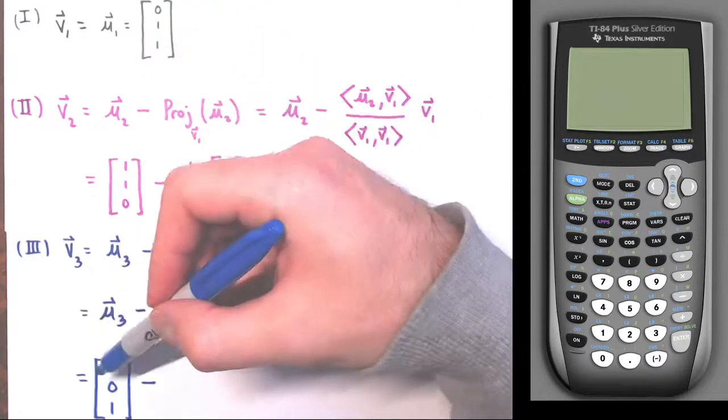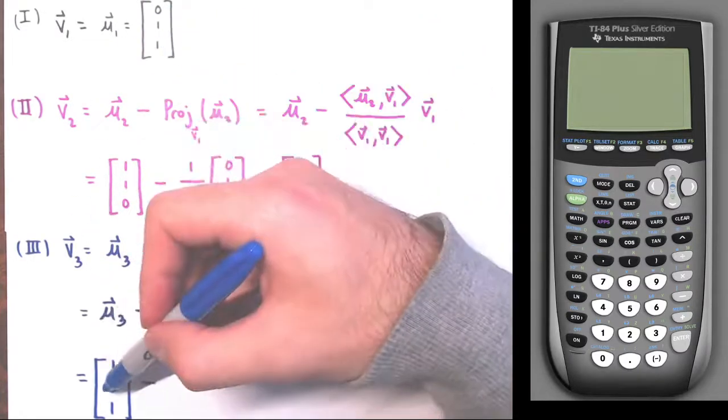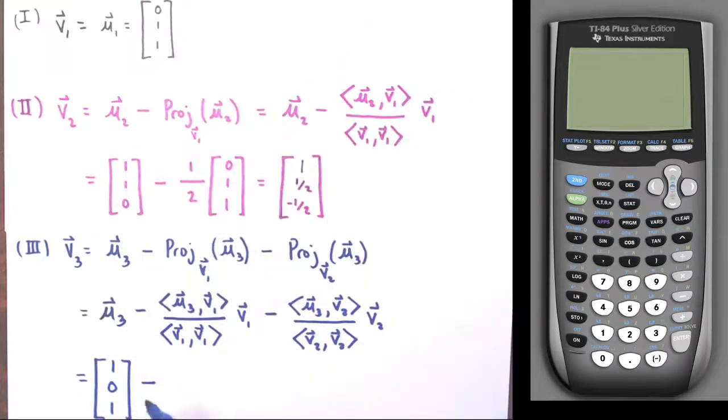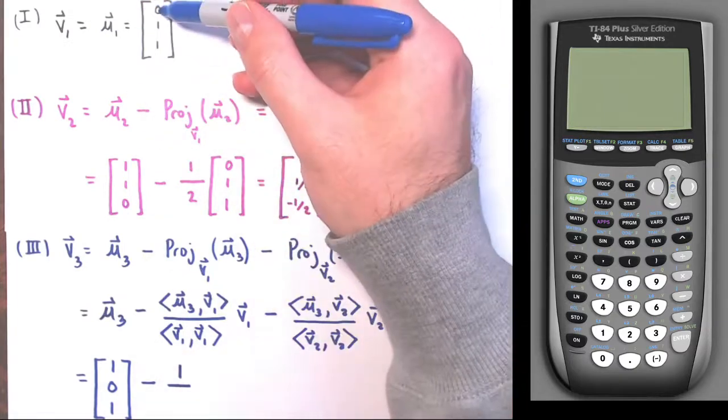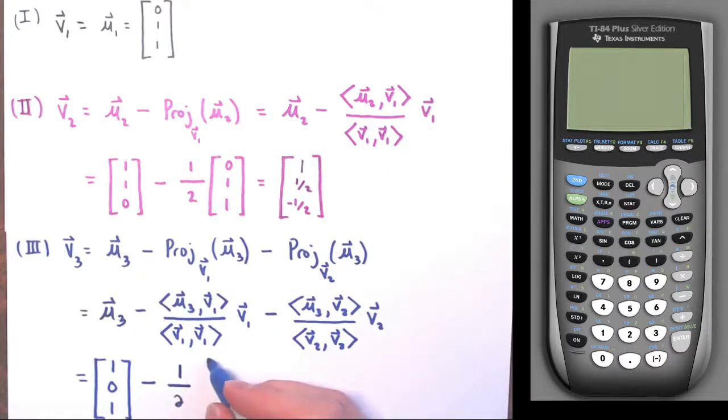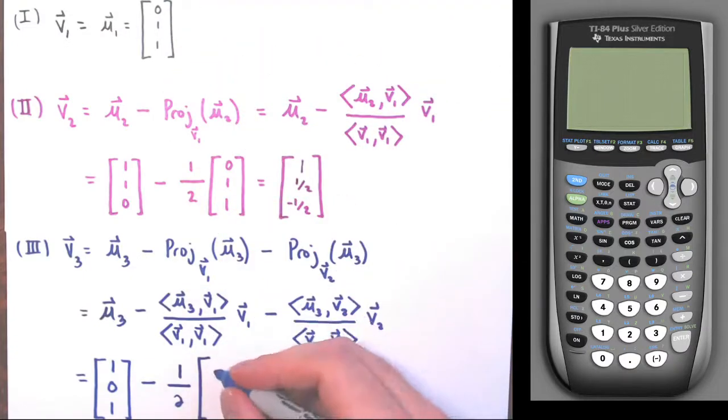That'd be 0 times 1 is 0, plus 1 times 0 is 0, plus 1 times 1 is 1. So the numerator is 1. And then the inner product of v1 with itself would just be 0 plus 1 plus 1, or 2. So this is half of v1, 0, 1, 1.